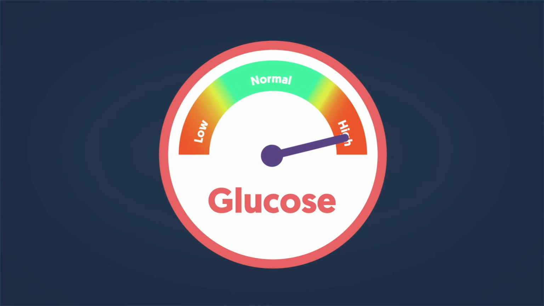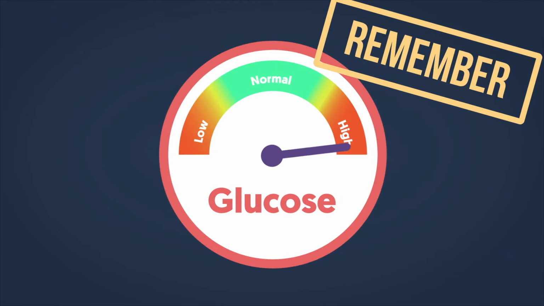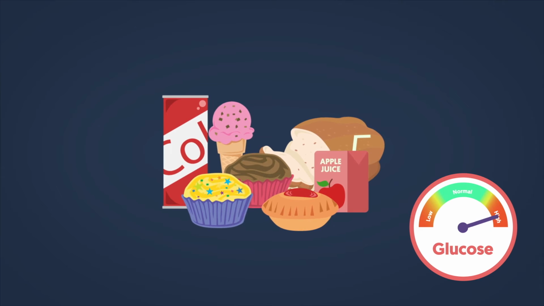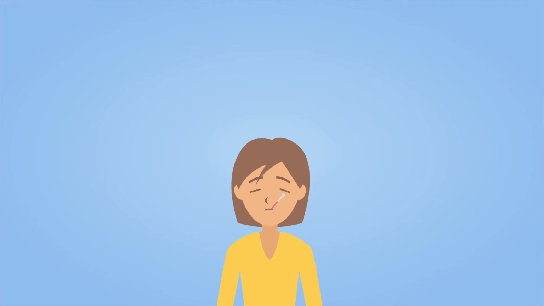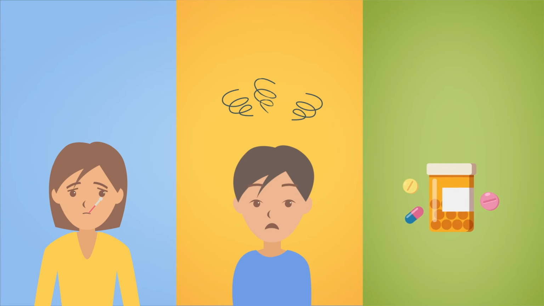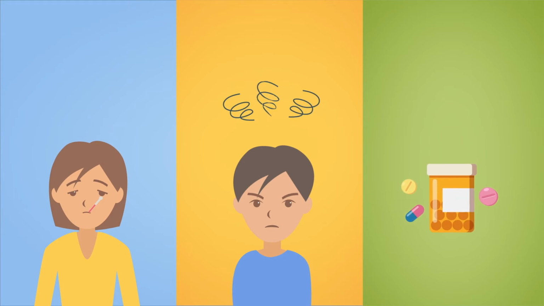Now, there are a few tricky bits about understanding what high glucose readings mean. It isn't as straightforward as it might seem. One tricky bit is that while food and drinks play a large part in blood glucose levels, they aren't the only cause of elevated levels. High blood glucose levels can indicate underlying illness or infection, stress, insufficient medication, or low compliance with medication.